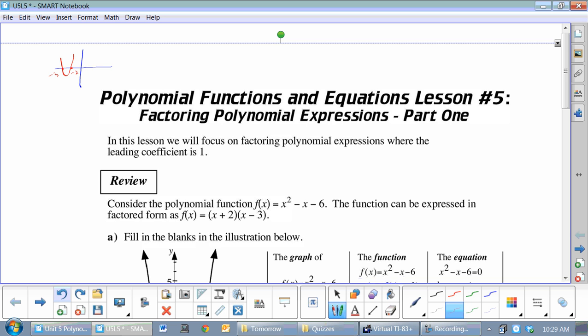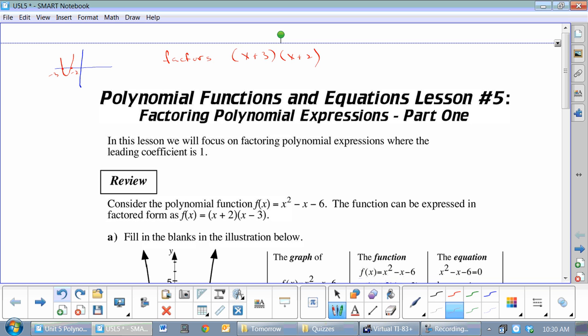Now, this is to be able to keep this stuff straight. Now, what are the factors of that equation? Close. You got half of it. The factors would be x plus 3, x plus 2.